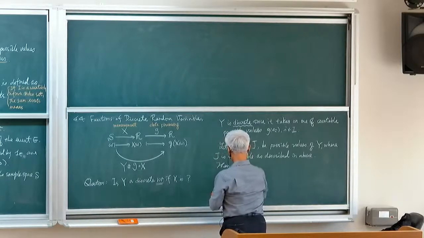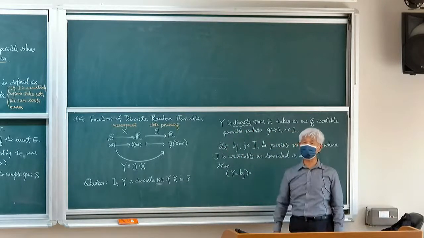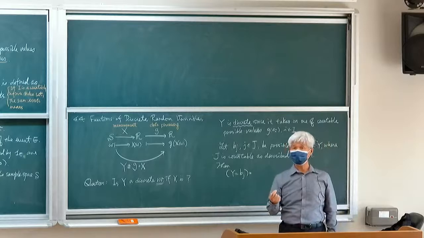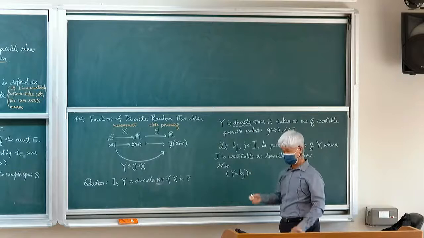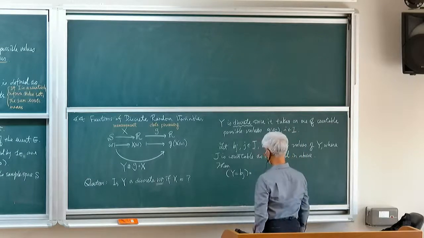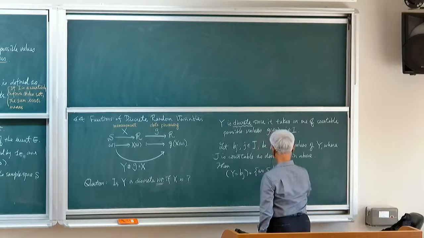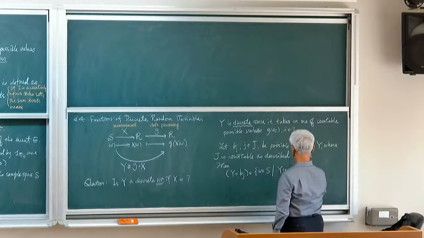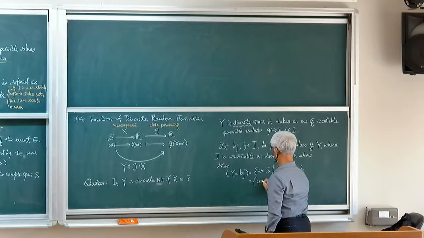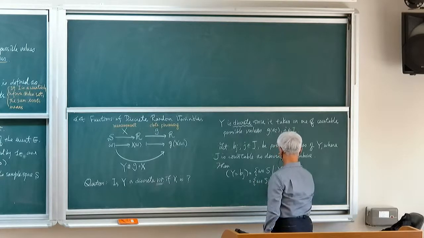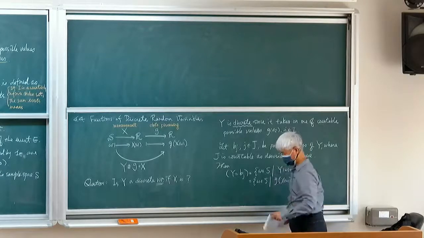Now we look at this event. So this is the smallest possible event that can be described by the function y. So this is y equal to b_j, and that is g of x equal to b_j.